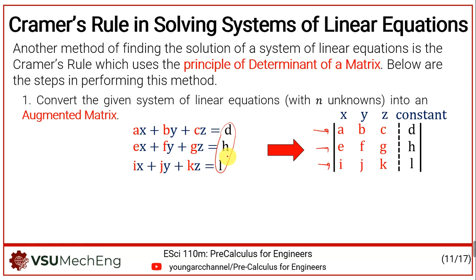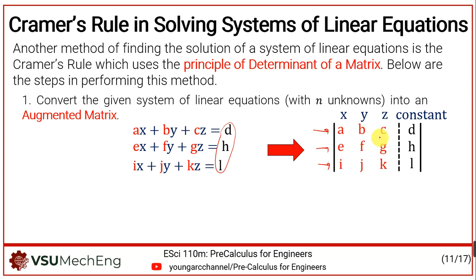You cannot use Cramer's rule if the number of equations does not match the number of unknowns. Okay, let's go back to the augmented matrix. The second column corresponds to the coefficients of the y terms from equation 1 up to equation 3.